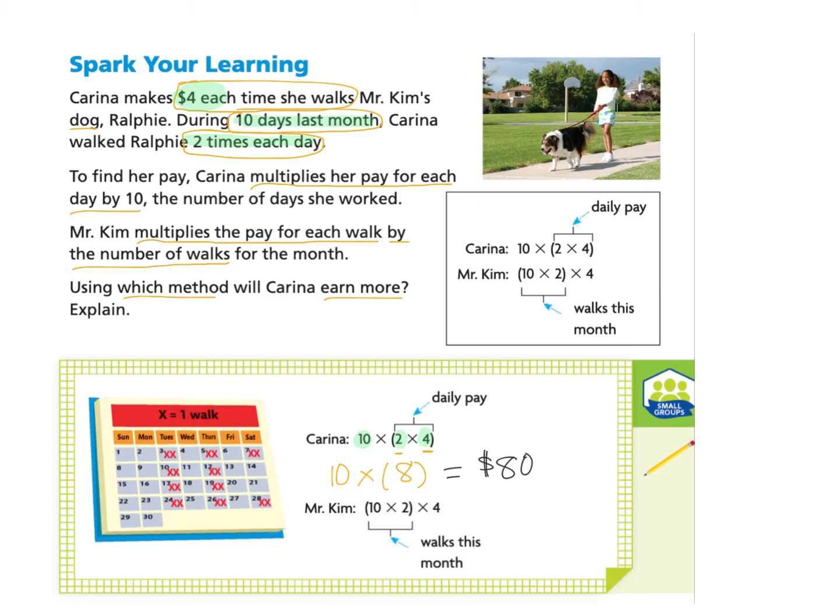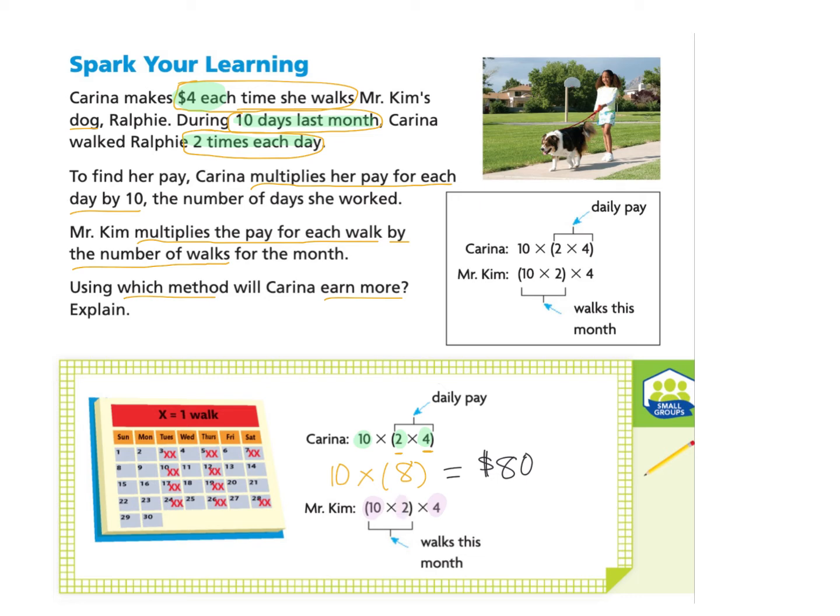Mr. Kim multiplies the pay for each walk by the number of walks. So we know that the pay is $4, and he's going to multiply that by the number of walks, which would be for 10 days, she walked the dog twice.